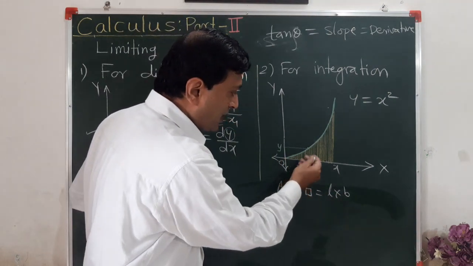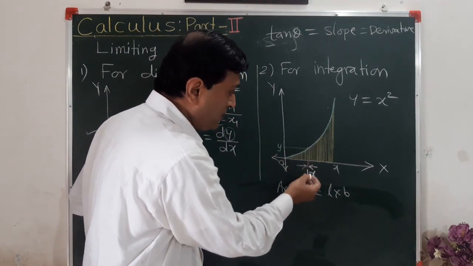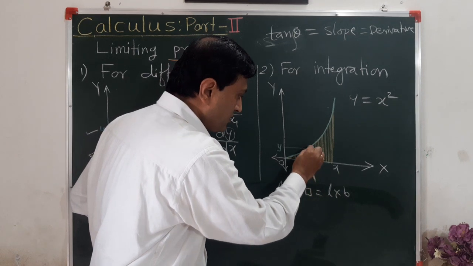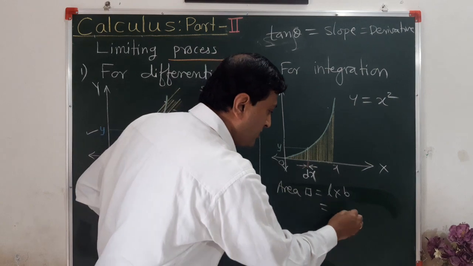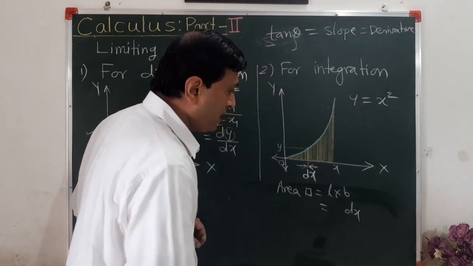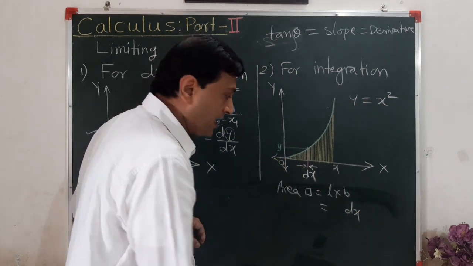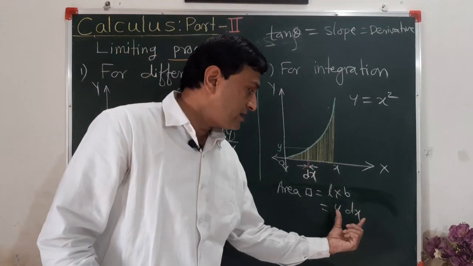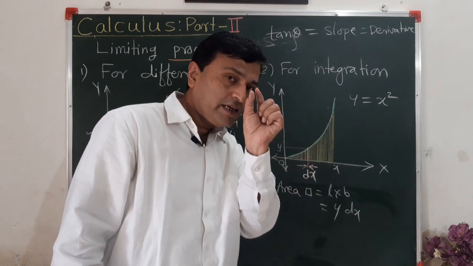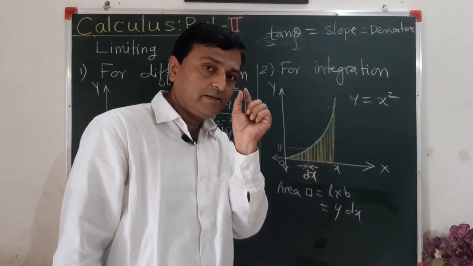For this particular example, this slice having breadth dx, you can write here dx, and the length is y. This is the small area of this small rectangle.